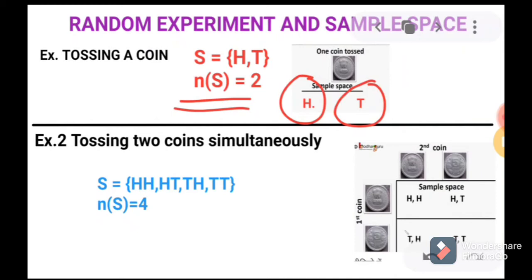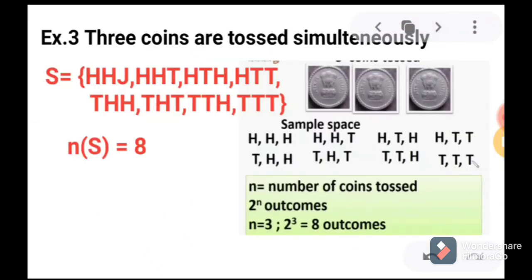Then, when we toss 2 coins simultaneously, the sample space is HH, HT, TH or TT. The number of sample points is 4. Now 3 coins are tossed simultaneously. We studied that there are 8 outcomes, and this is the sample space. The number of sample points is 8.